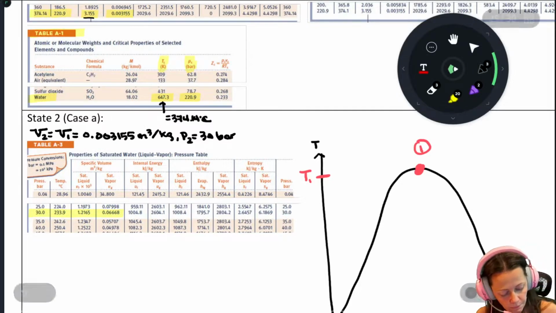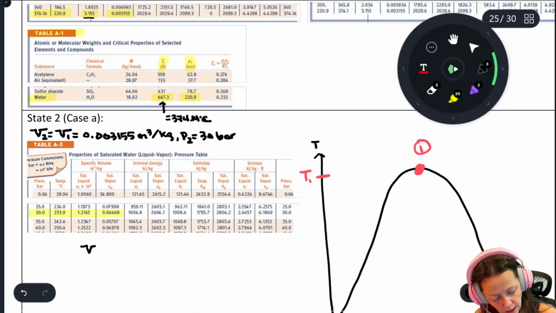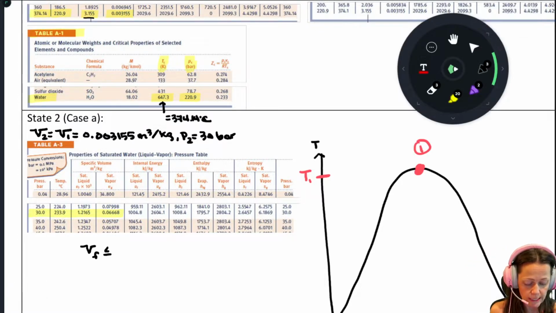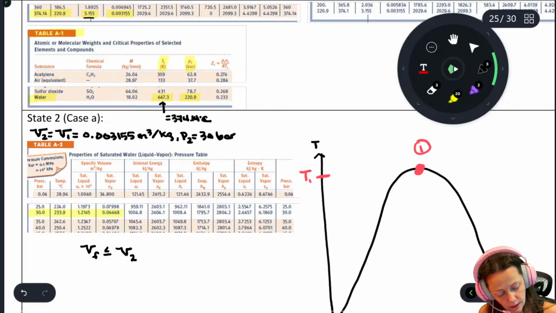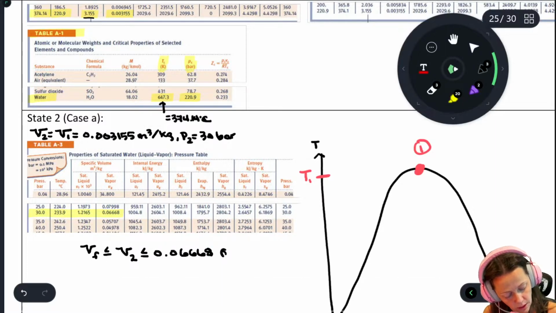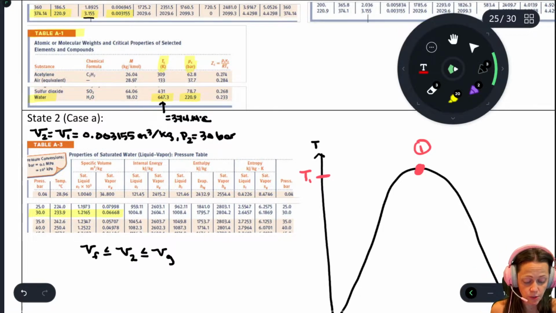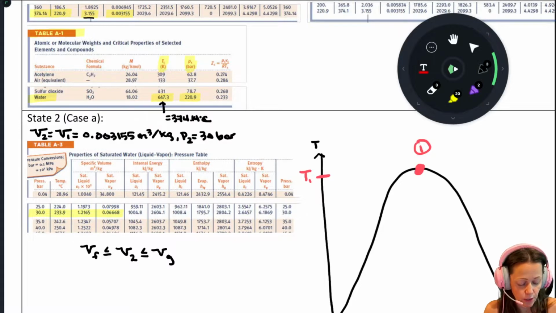My V2 is between the V sub F value, which is 0.0012165 meters cubed per kilogram, and V sub G, which is 0.06668 meters cubed per kilogram.